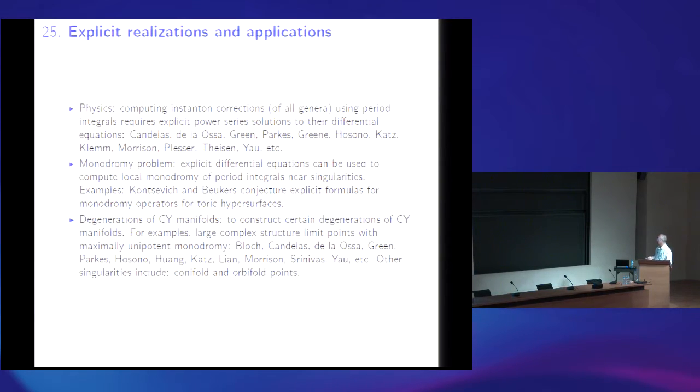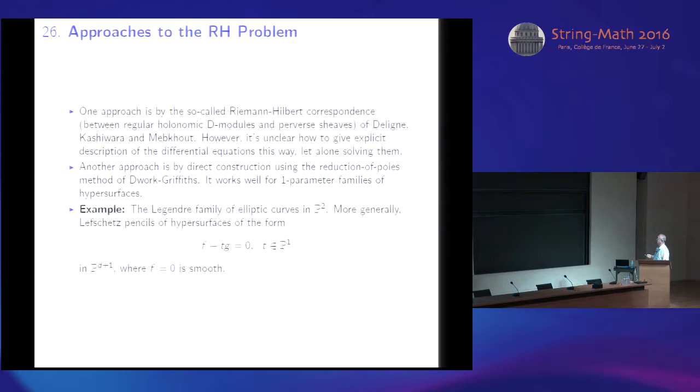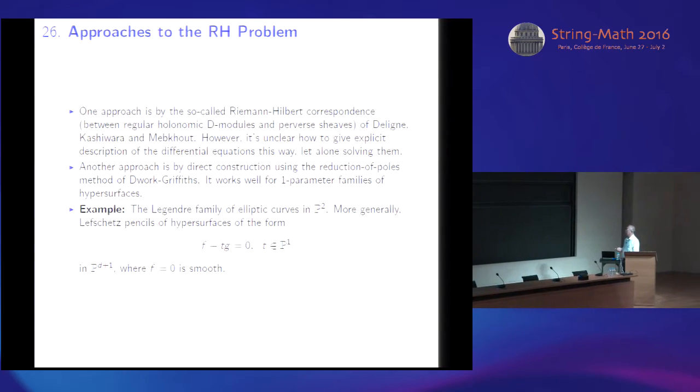And then we can also understand the degeneration of Calabi-Yau manifolds, etc. We shall use the Riemann-Hilbert correspondence between regular holonomic D-modules and perverse sheaves of Deligne and other people. This is one approach we try, but we have to generalize it. Another approach is using the reduction of pole method by Dwork-Griffiths, but this works better only for one-parameter families of hypersurfaces.